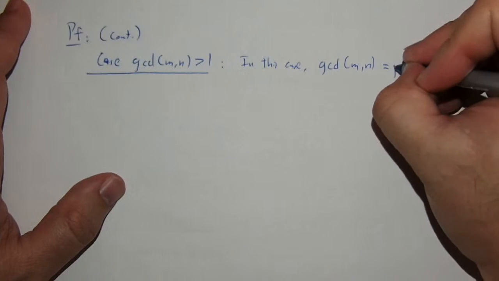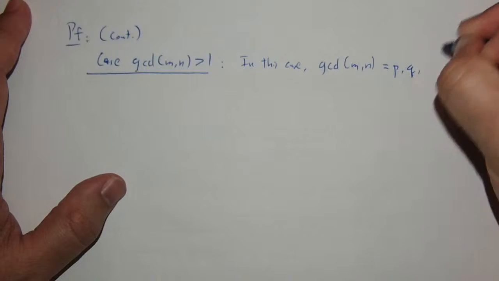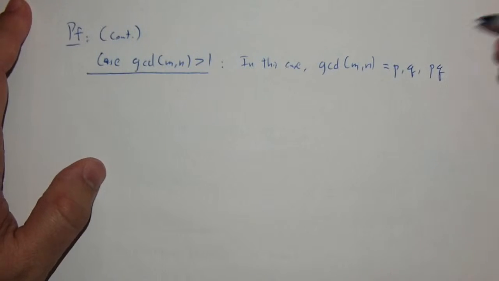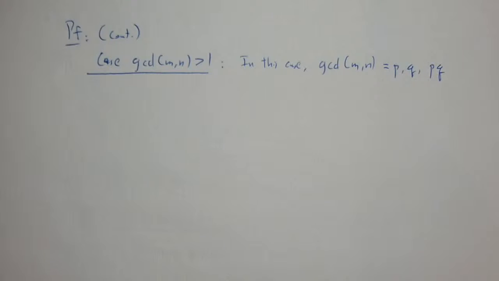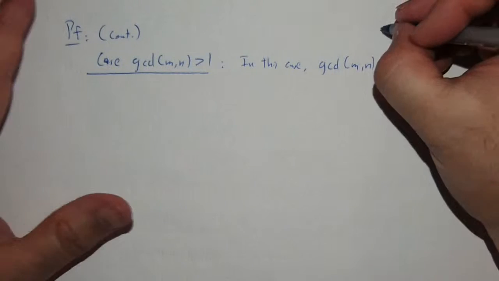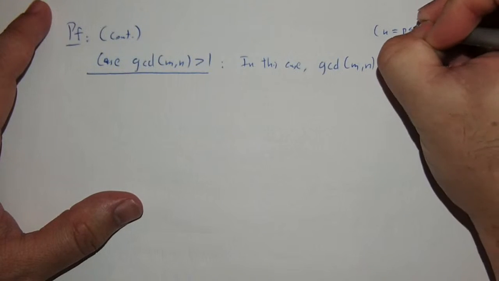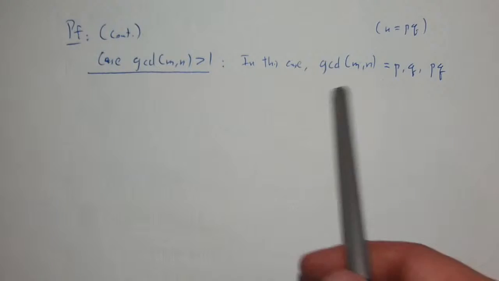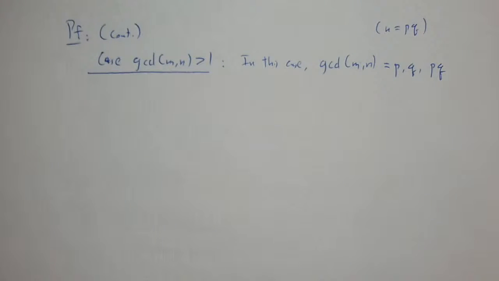It's either p, q, or p times q, which is n, right? Why? Well, we know that n is p times q, so we already know what the divisors of n are. Not a whole lot of options here. So here's my list of possible options for this GCD if it's not 1. Okay, so I'm going to go through each of these subcases.